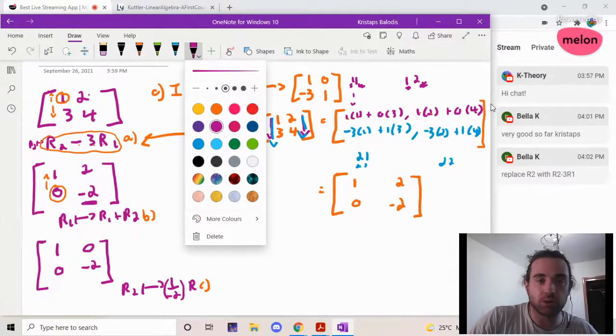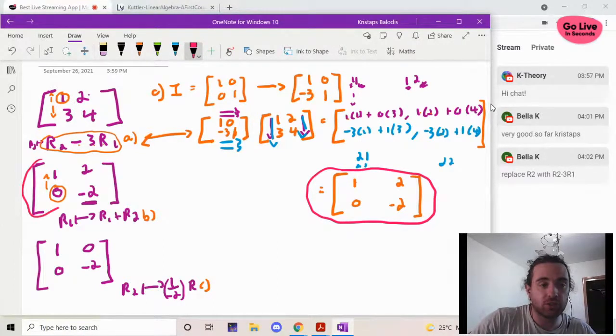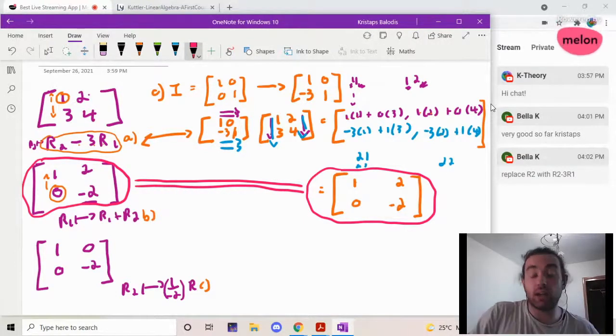Here's part of the point. This isn't a coincidence that this matrix is the exact same matrix I get from doing this row operation. These are equal. So I did this two separate ways.